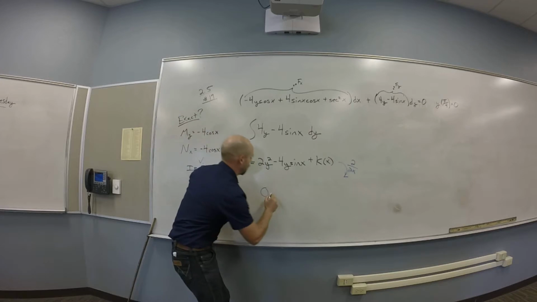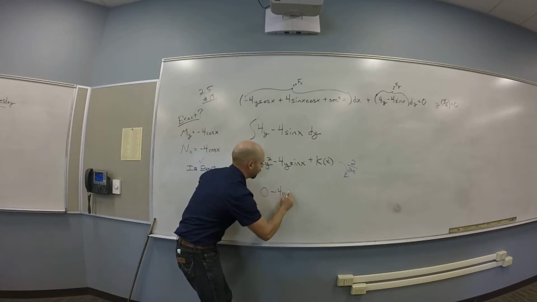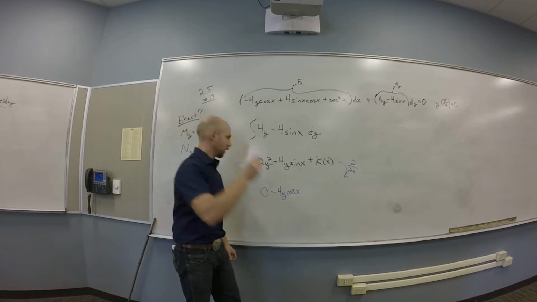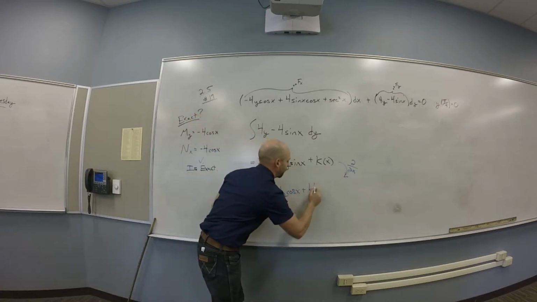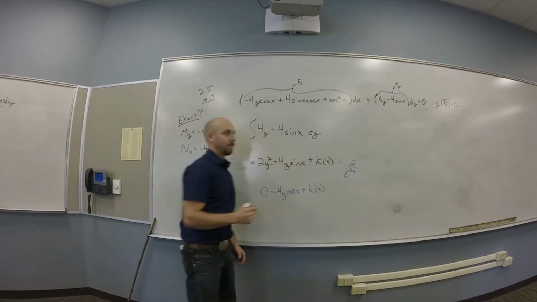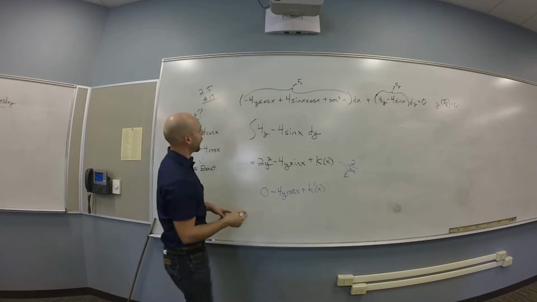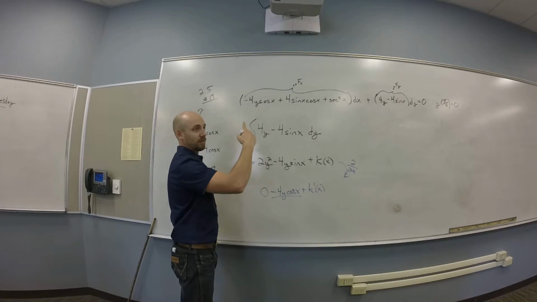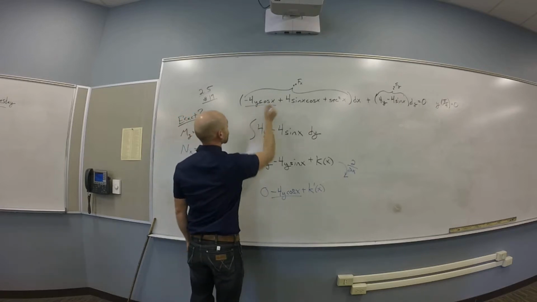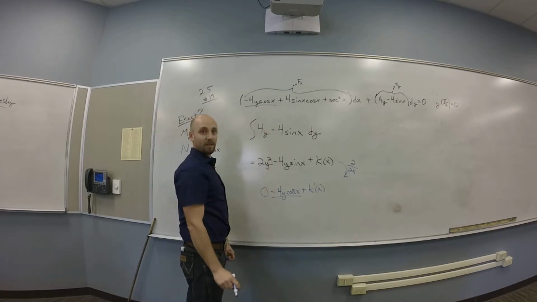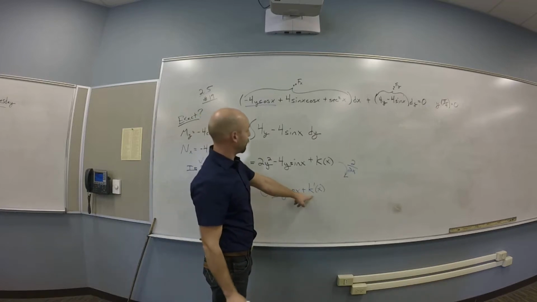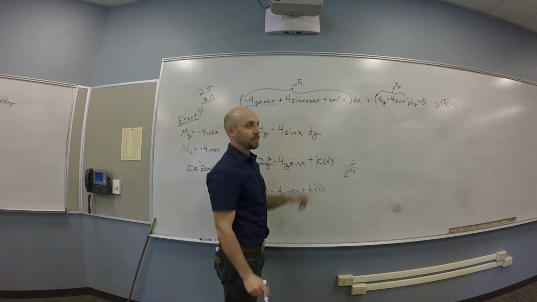Minus 4y cosine x plus k prime. Okay, so now I just want to match. So you got a minus 4 cosine x up there? Sweet. Check.